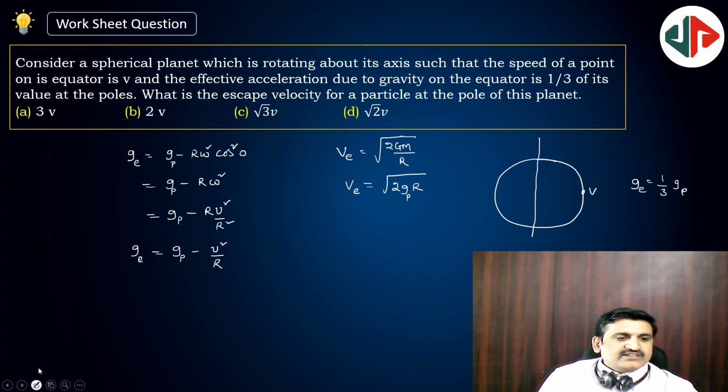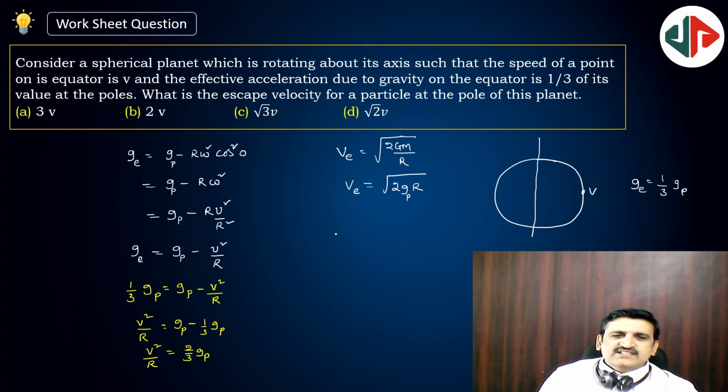These two equations must be converted into one form. That is g equator is equal to 1/3 of g poles, and that is equal to g poles minus v square by R. So v square by R is equal to g poles minus 1/3 g poles, which is equal to 2/3 g poles.